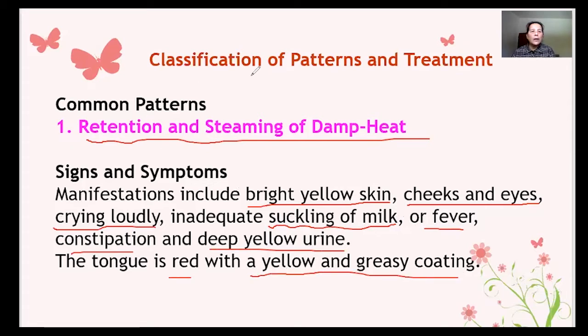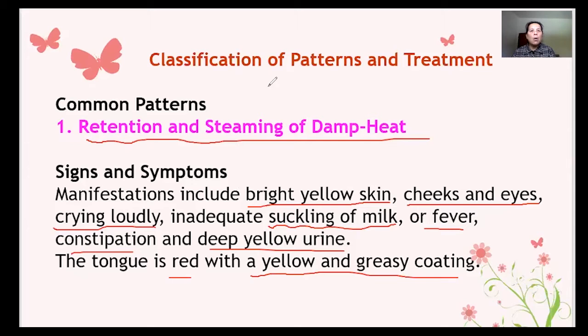So generally we're talking about the pattern here, in relationship with physiological jaundice. Physiological jaundice we talked about already. It will automatically disappear in about 2 weeks, so it is not necessary to give the baby treatment.